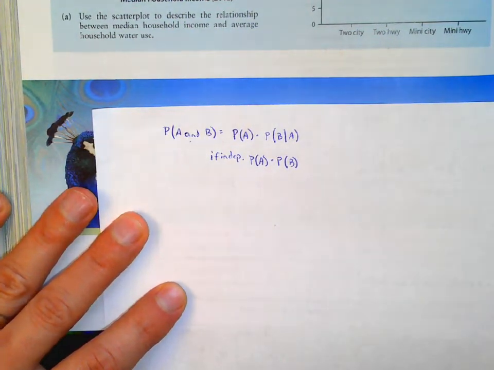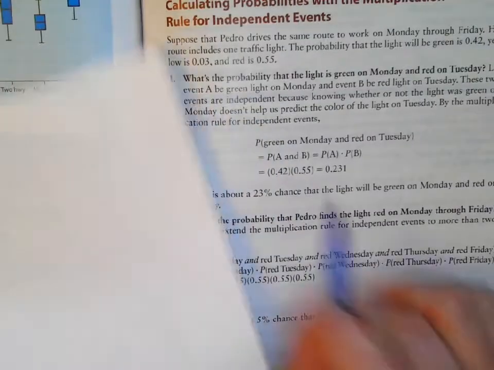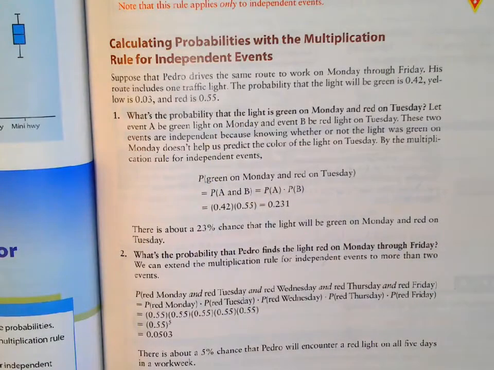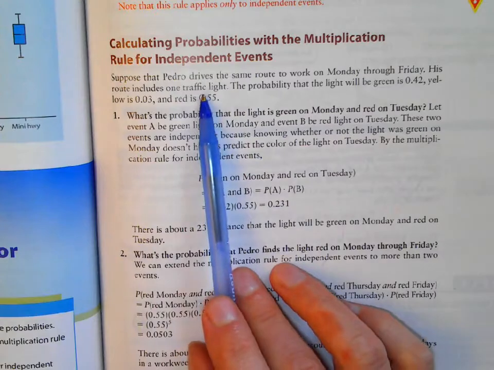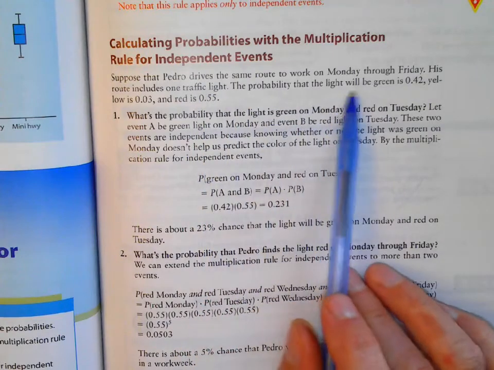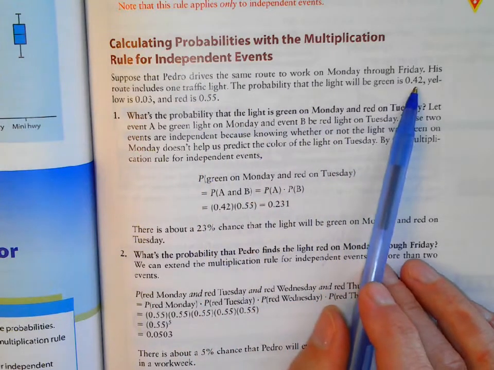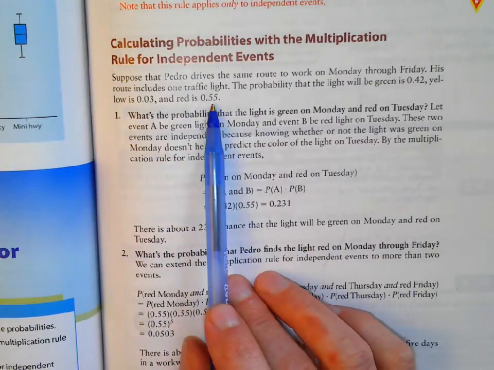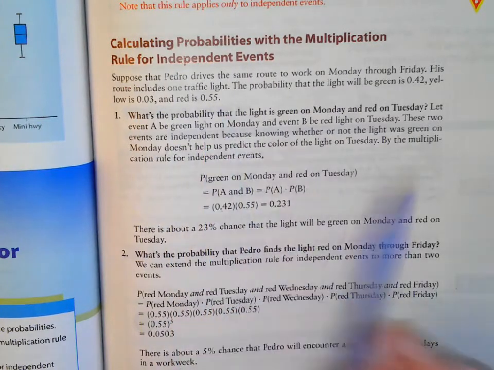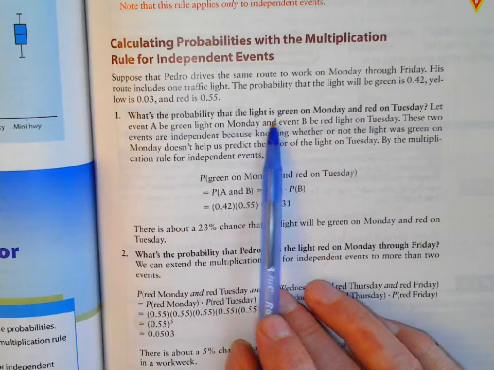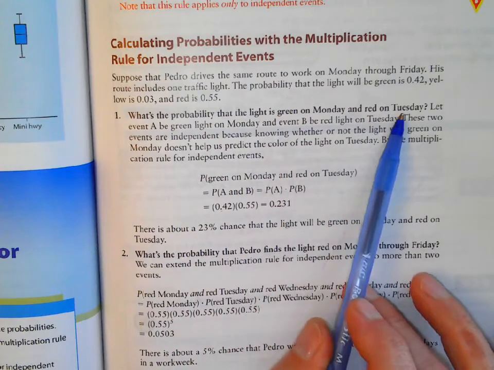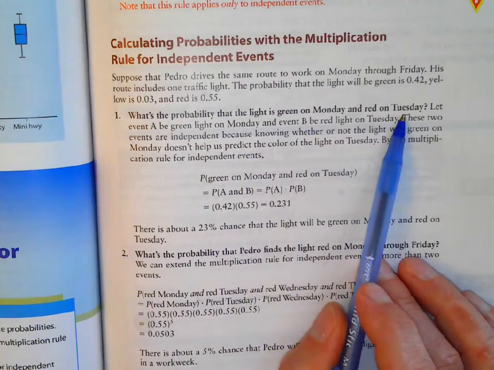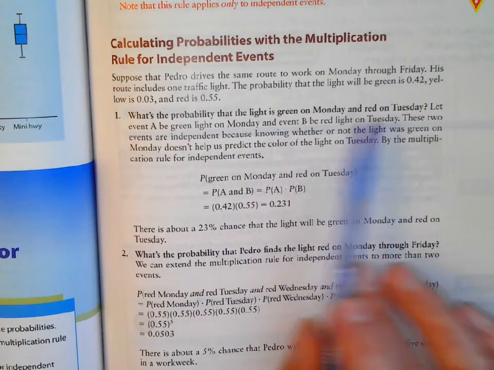Okay, so here's an example. Suppose Pedro drives the same route to work on Monday through Friday. His route includes one traffic light. The probability that the light will be green is 42%, yellow 3%, and red 55% of the time. So what's the probability that the light is green on Monday and red on Tuesday? Does knowing what it was on Monday have an impact on what it is on Tuesday? No, we're going to say that those are independent events.